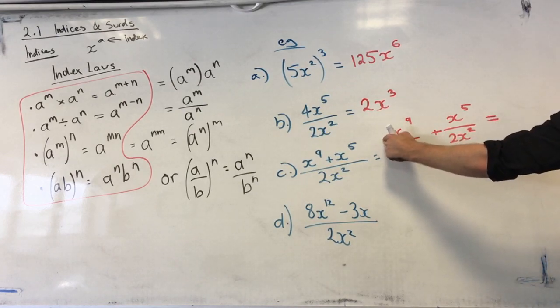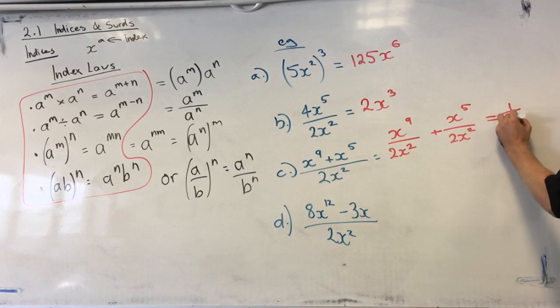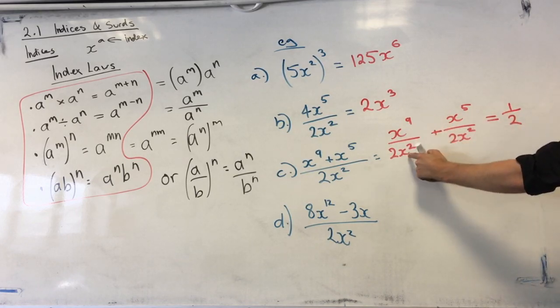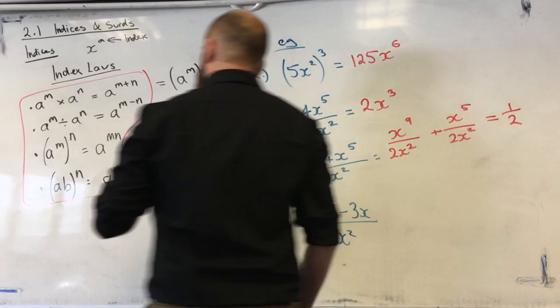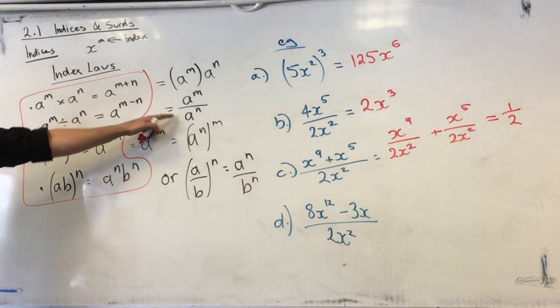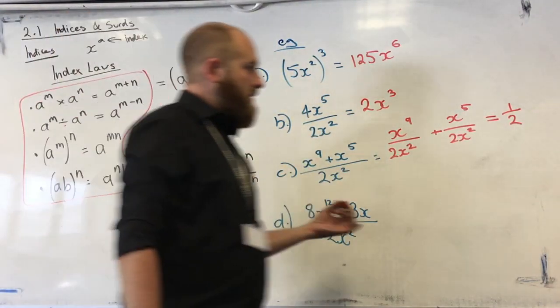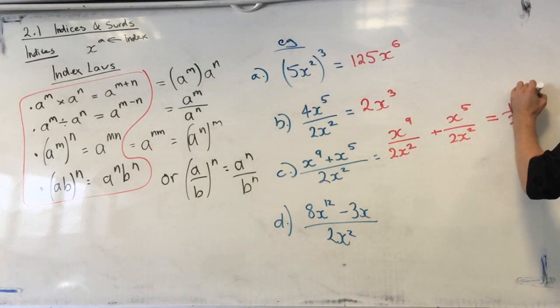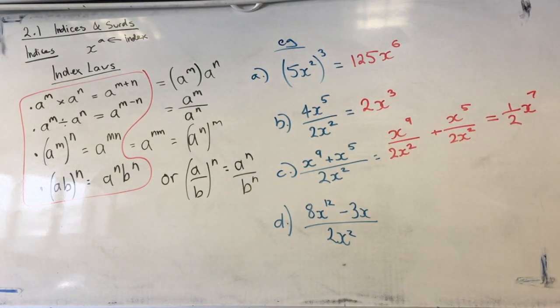So there's 1 here over 2 gives us half. X to the 9 divided by x squared is this rule. So m take n, 9 take 2 gives us 7. And next one, x to the 5 divided by that gives us half x to the power 3 using the same rule as before.